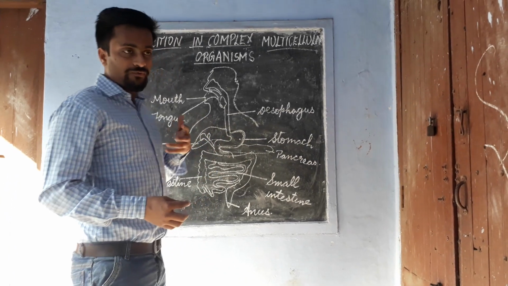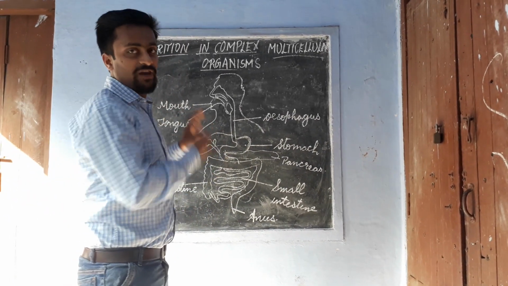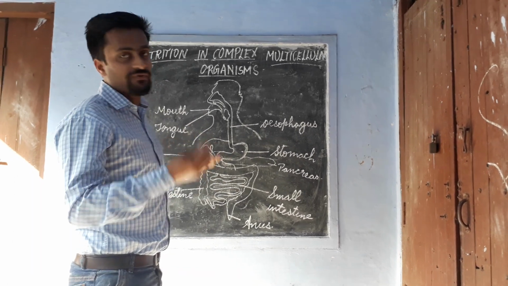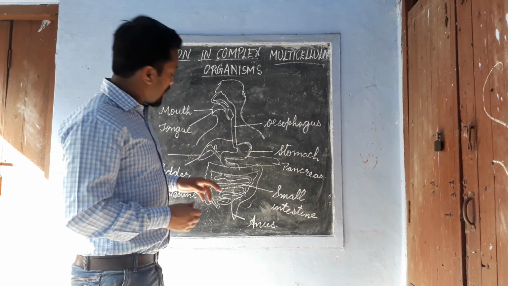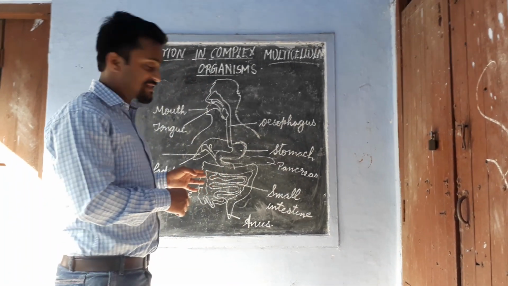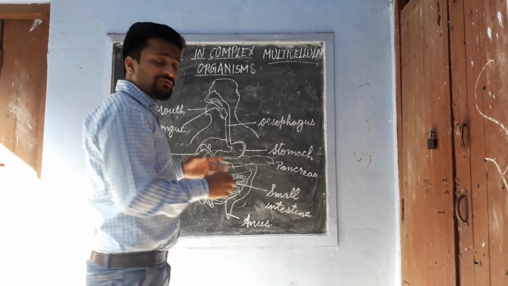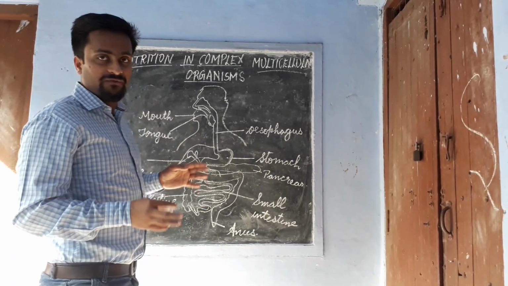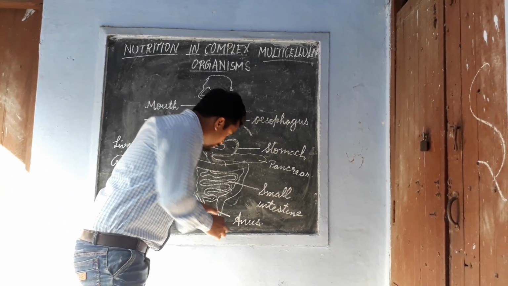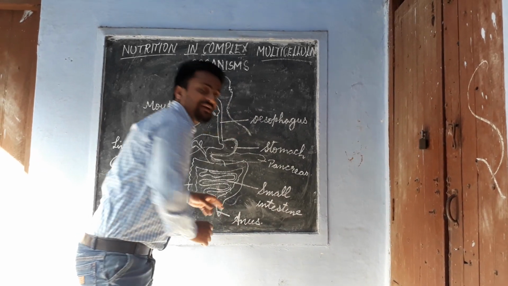This absorbed food is taken up by the blood and is transported to the cells, where it is used for various purposes. As soon as the water is absorbed in the large intestine, whatever waste remains is eliminated.